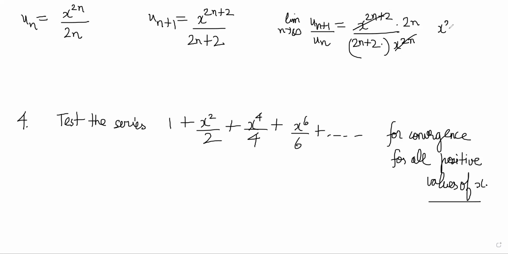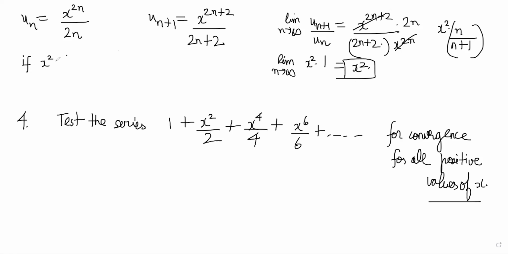This becomes x square n by n plus 1, right? Limit n tends to infinity is x square into 1, which is x square basically. When you do limit n tends to infinity here, you get x square.